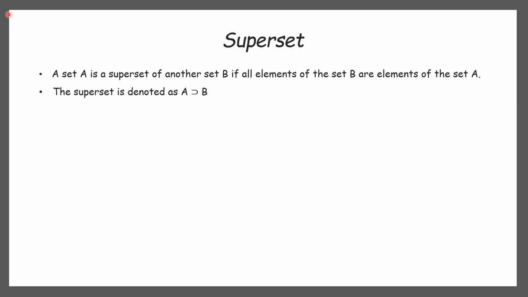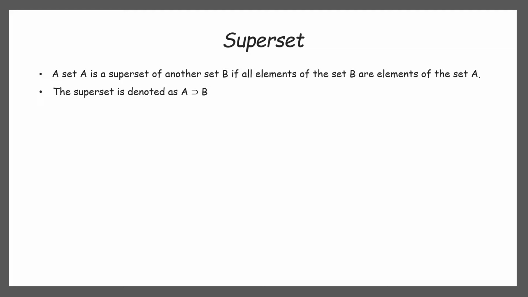Superset. A set A is a superset of another set B if all the elements of set B are elements of set A. The superset is denoted as A. This is the symbol for the superset. It means that A is a superset of B. It is basically the opposite of subset.